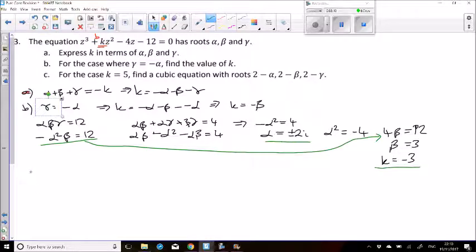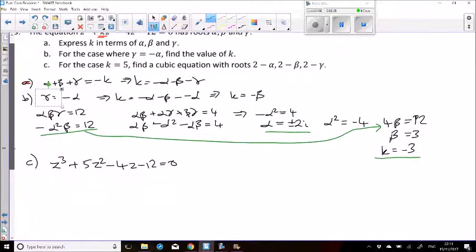Right, part C. Now we're saying a different case. We're saying k equals 5. So our equation is now z cubed plus 5z squared minus 4z minus 12 equals 0. And I want to find a cubic equation with these new roots.